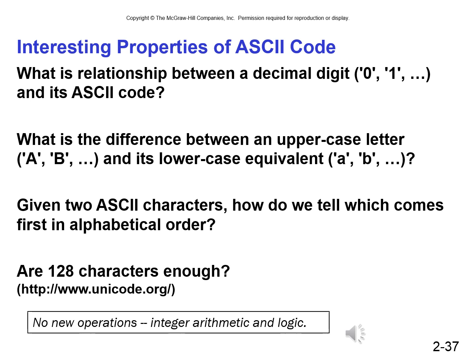Given two ASCII characters, how do we tell which comes first in alphabetical order? And then we get into modern day devices that needed more than 128 characters, and the Unicode numbering system was developed. But for the sake of this course, we're going to focus primarily on ASCII.